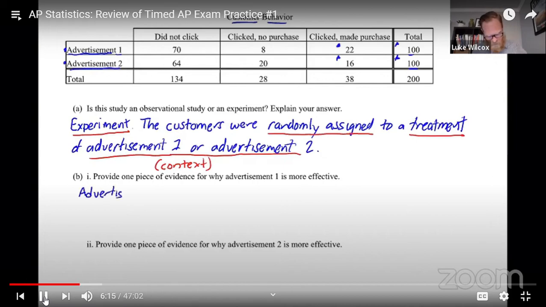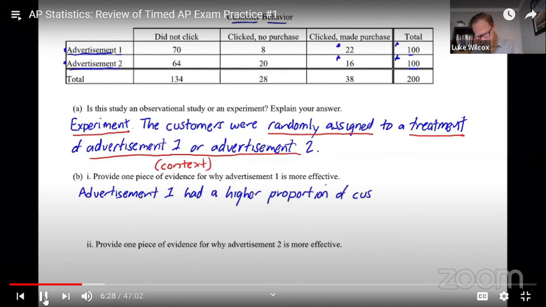So we're going to say advertisement 1 had a higher proportion of customers who made a purchase. And then I'm going to make sure here that I justify with some numbers. So the proportion of customers who made a purchase for advertisement 1, well, that's 22 out of 100.